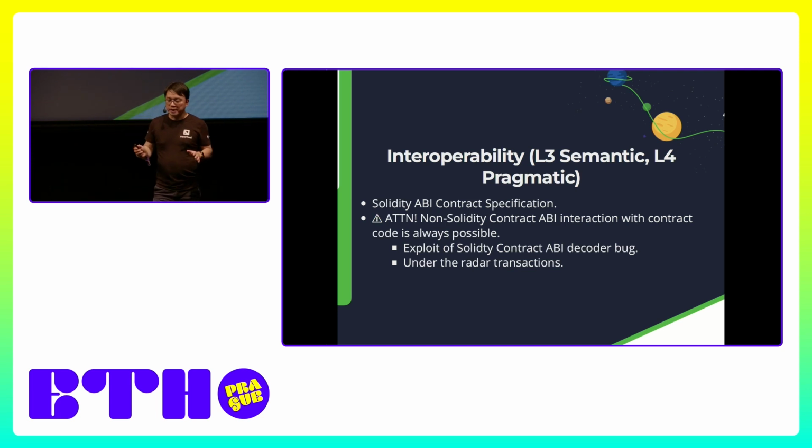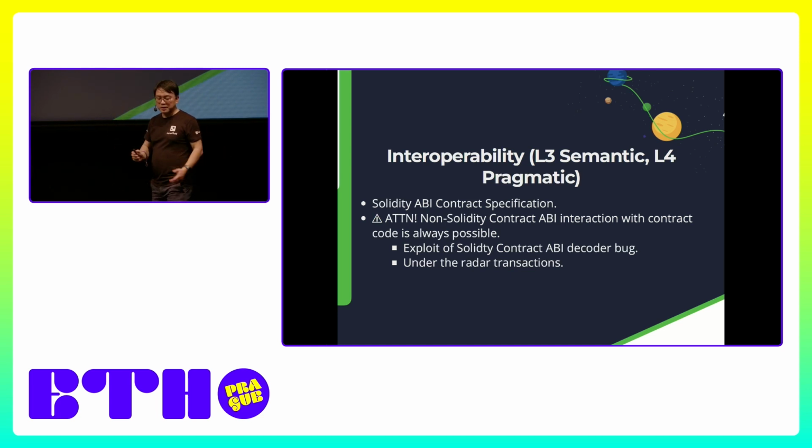Then the next levels would be the semantic level and the pragmatic level, the programmable level. Usually we rely on the Solidity ABI contract specification, but the caution is that many people tend to forget that you don't need to send all the messages using the Solidity ABI specification.